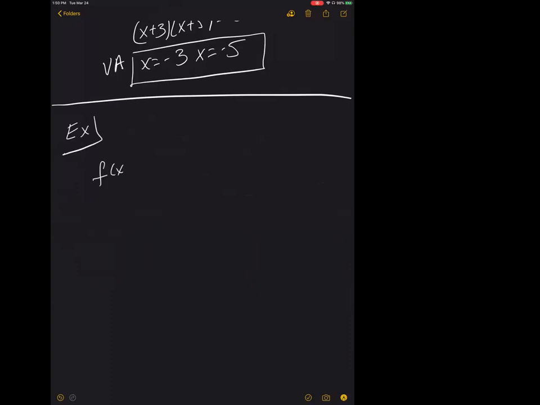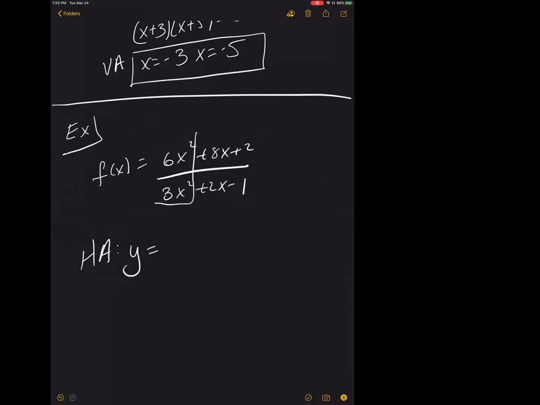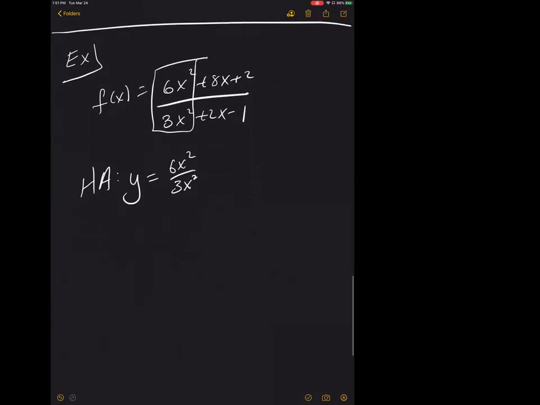If I have a function f of x equals 6x squared minus 8x plus 2 divided by 3x squared plus 2x minus 1, and I want to find the horizontal asymptotes, you simply look at the terms of the highest powers. So 6x squared divided by 3x squared. Well, what does that simplify to? The x squareds cancel. 6 divided by 3 is 2. Your horizontal asymptote is simply y is equal to 2.